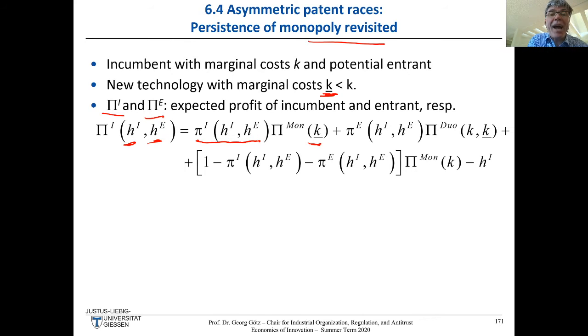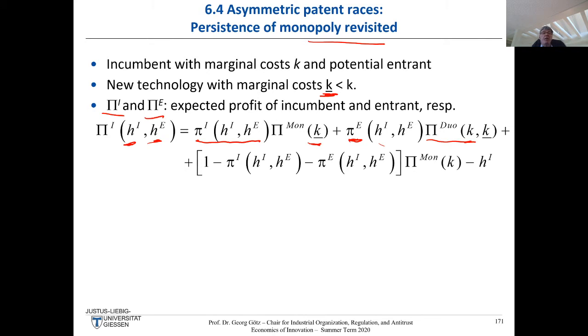With probability pi E, the entrant is first, and in that situation, the monopolist is second, has the high cost, is a high cost duopolist, and gets this profit. Okay. However, there is a third possibility now. This third possibility was not in the Gilbert-Newbery model, okay? Because it was clear either I get the new technology because it's already developed by an independent laboratory, or if I don't buy it, my rival will buy it.